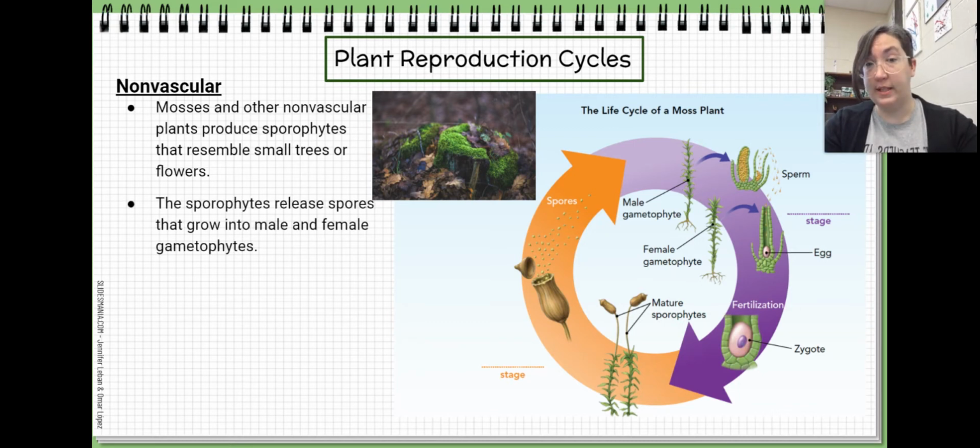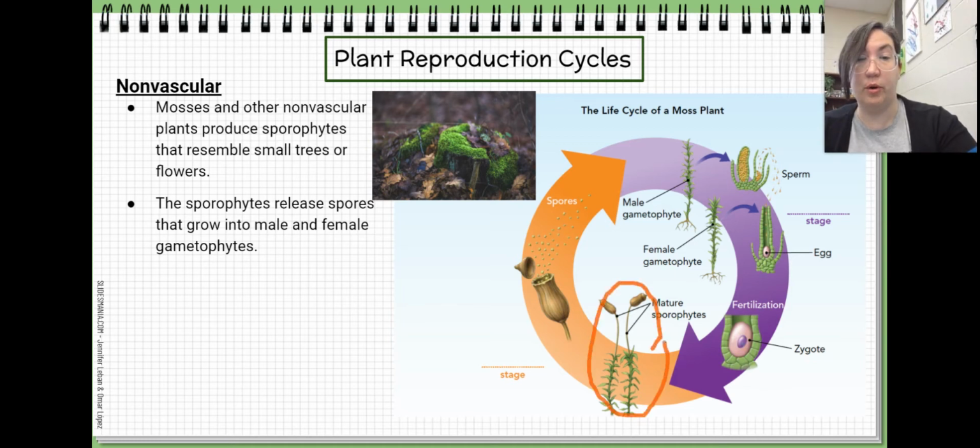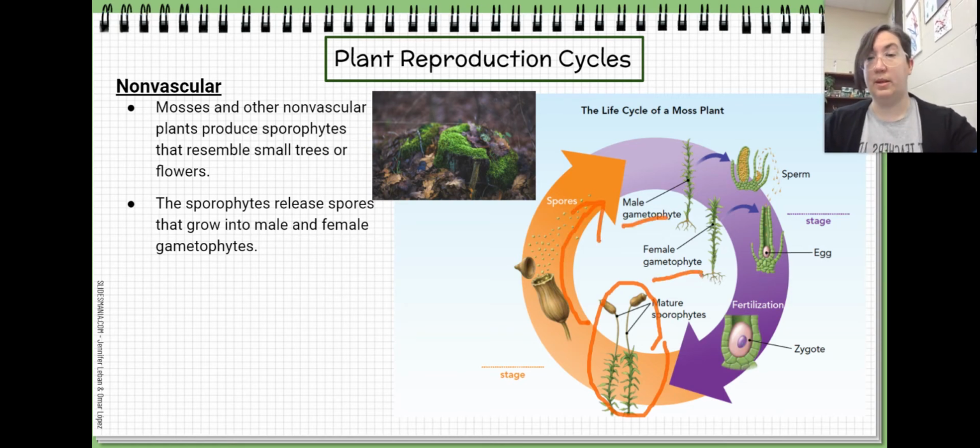The sporophytes release spores that grow into male and female gametophytes. So that's over here. We have our mature sporophytes that look like small trees or flowers, and they release spores that will then grow into our male gametophyte and our female gametophyte.